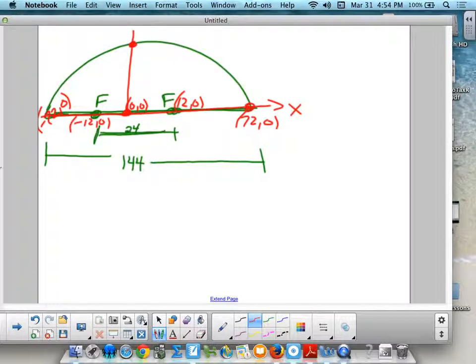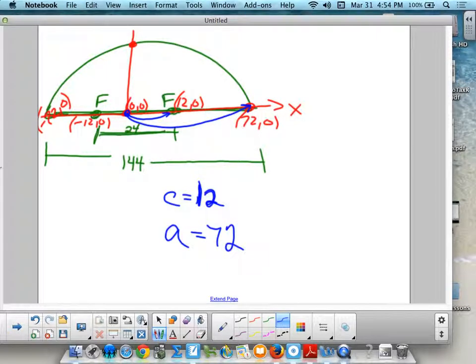Okay, so looking at this, I would go center to the foci, 12. I would say C is 12. I would say center to the edge of the ellipse, that's A, 72. And what I want is B, because B is actually up the minor to the top of the dome. To be honest, that's the answer. How high is the dome?